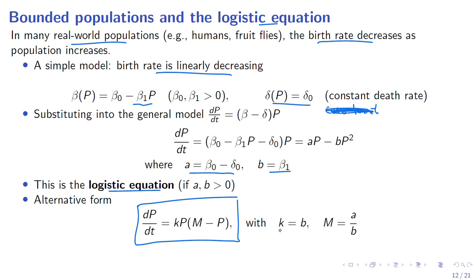Again, k and M are constant values. So this we call the logistic equation, which can be used to model real-world population scenarios where the birth rate is linearly decreasing, assuming the death rate is quite constant.